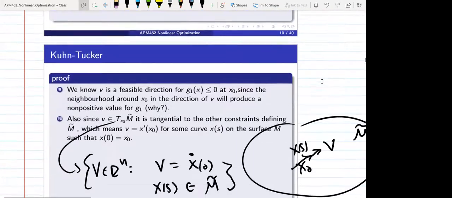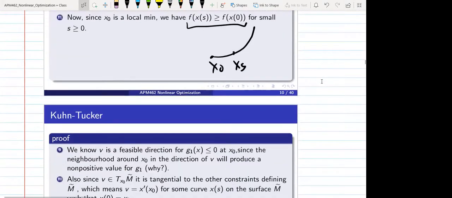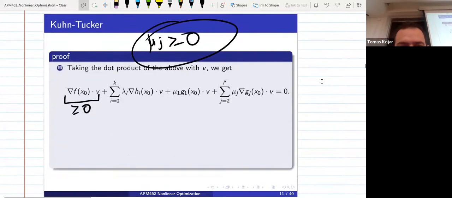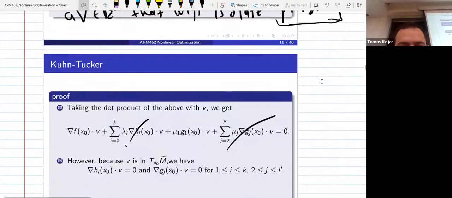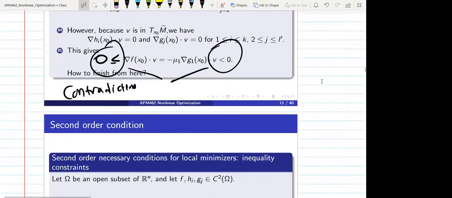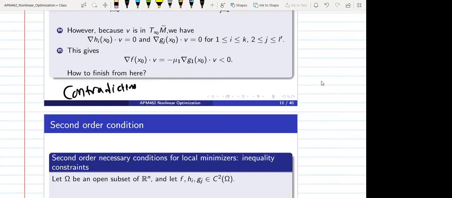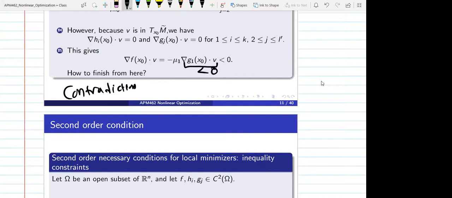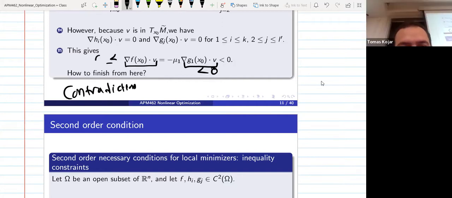Yes, and then we did the dot product. So yes, this is negative, right? Oh yeah, I forgot we assumed mu1 is negative. My bad. And then this one is non-negative.